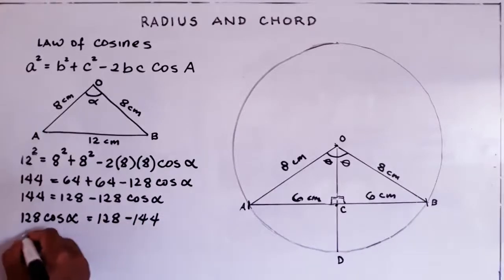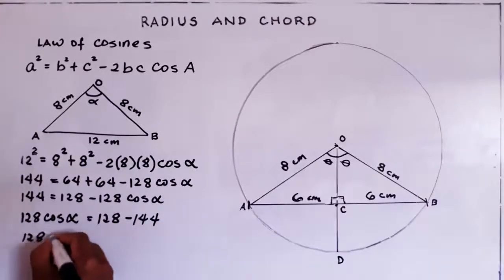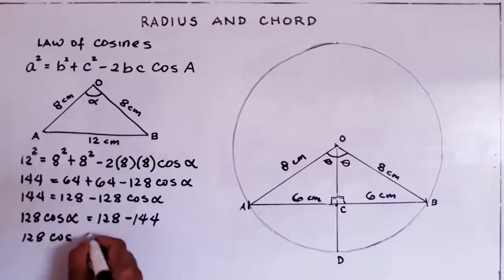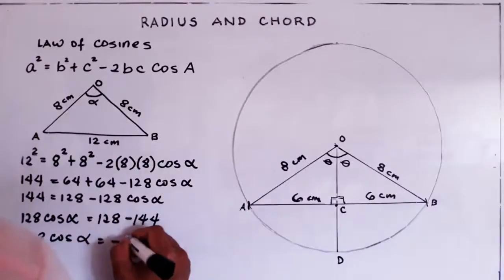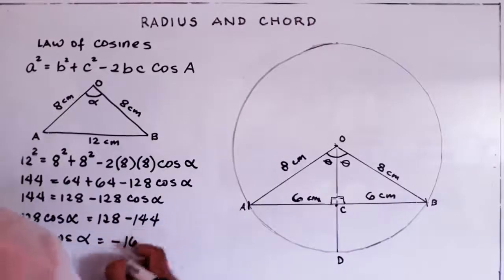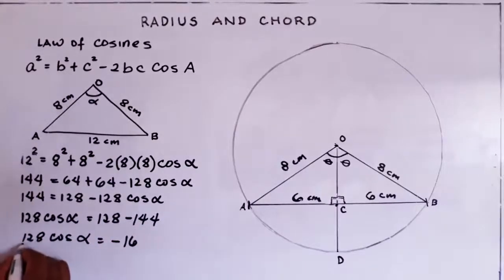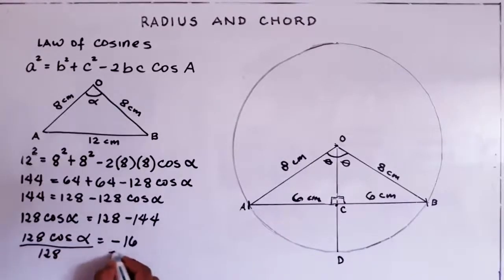When we solve for that one, 128 cosine of alpha will give us a negative because 144 is greater than 128, and it will give us negative 16. We remove the 128, so we divide this by 128. We also divide this by 128.